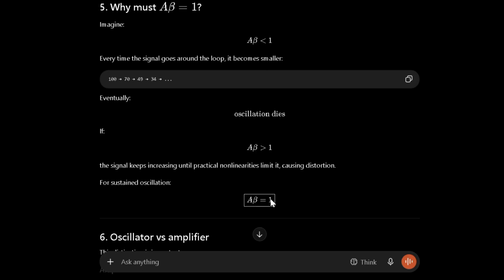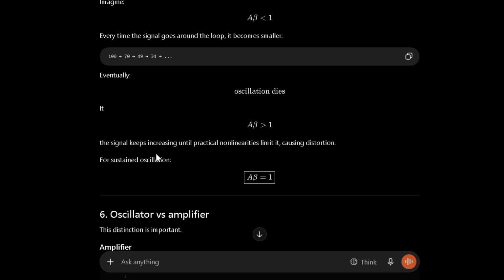For sustained oscillation, A beta should be equal to 1: not less than 1, not greater than 1, but equal to 1. What happens if less than 1? Each time the signal goes around the loop, it becomes smaller, smaller, smaller.